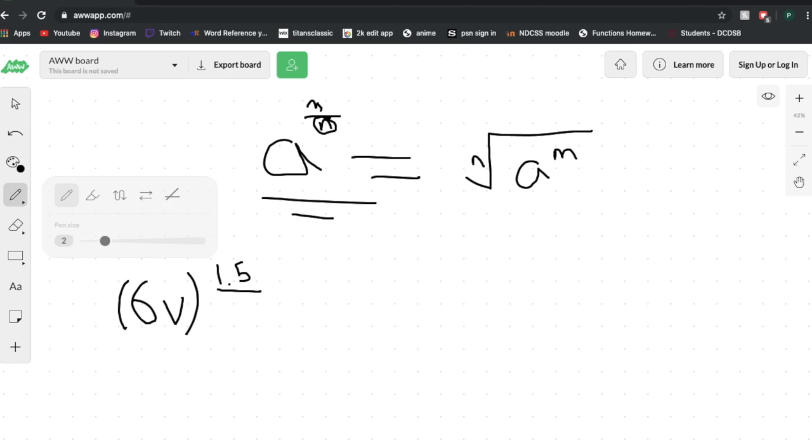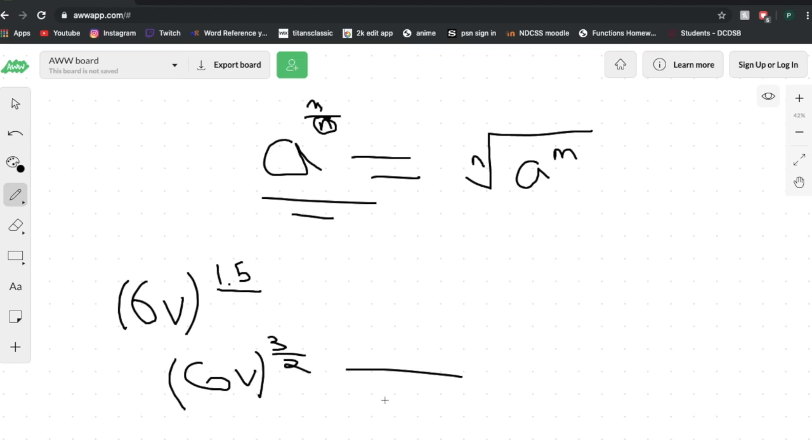So let's rewrite this whole statement. 6v to the power of 1.5 is also equal to 6v to the power of 3 halves. Now let's put it into its correct root form. As we know, the 3 is the m value, and the denominator 2 is the n value.